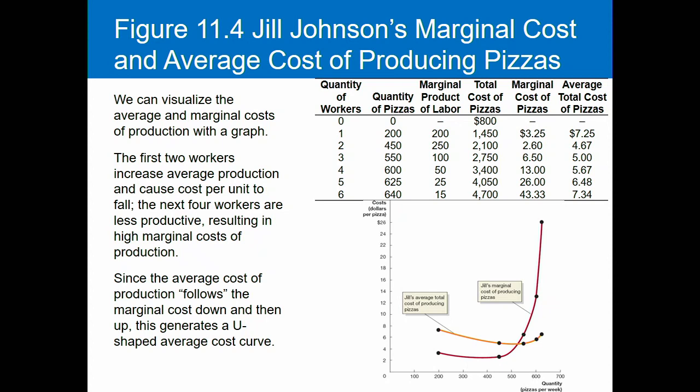In this case, $6.50, $13, $26, $43 as you add more and more workers, because they're less and less productive. Our average cost curve is more difficult to see because of how high the y-axis is, but it's still that U shape: it decreases and then increases. The marginal cost curve, in most cases when you draw it, looks more like a Nike swoosh or a check mark. It decreases at first and then sharply increases as those last workers are less and less productive.